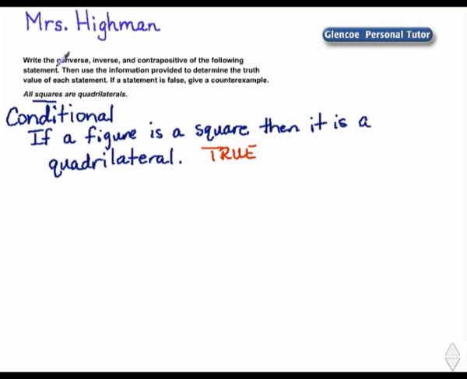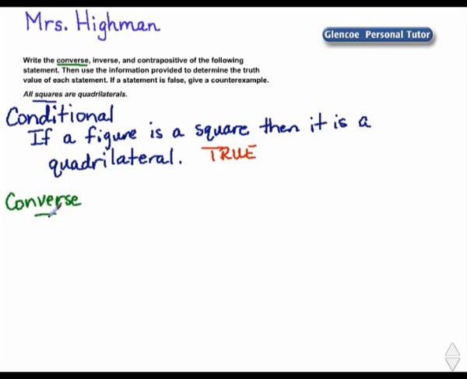Okay, now let's try the converse. Well, in the converse, we kind of switch around the first part of the if and the then part.